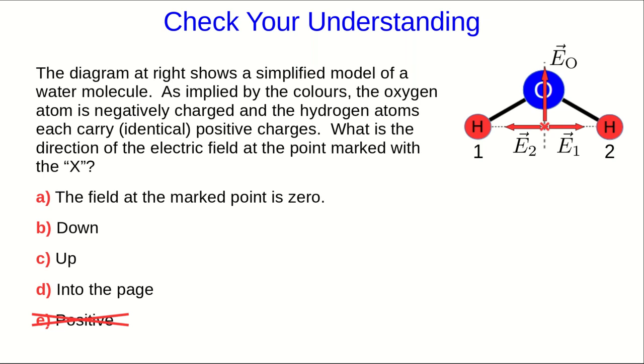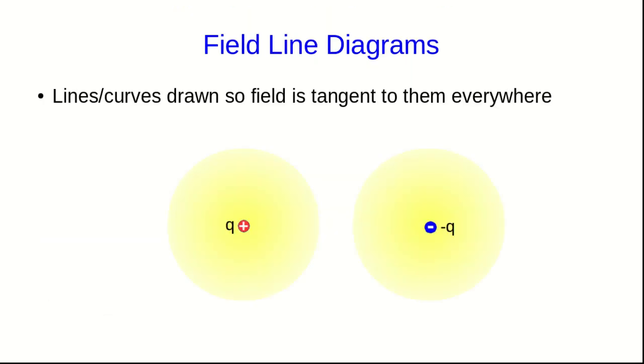Those two fields due to the hydrogen atoms are in opposite directions and are the same size, so they're going to cancel to give 0, and all we're going to be left with is the field due to the oxygen atom, which points up.